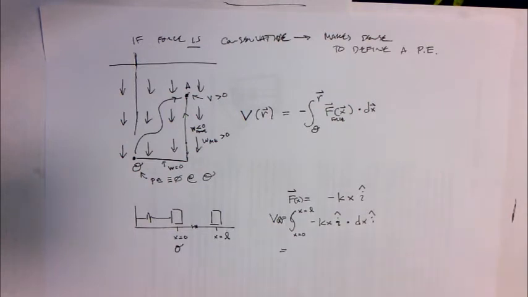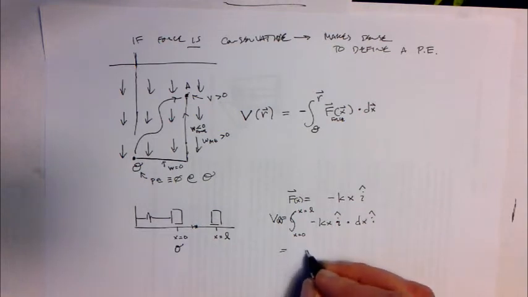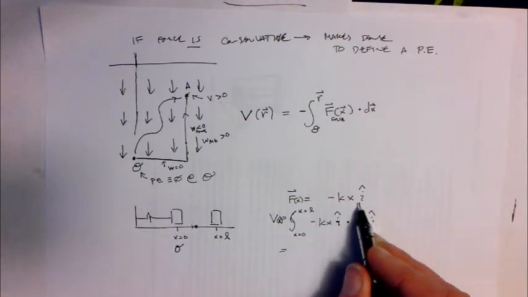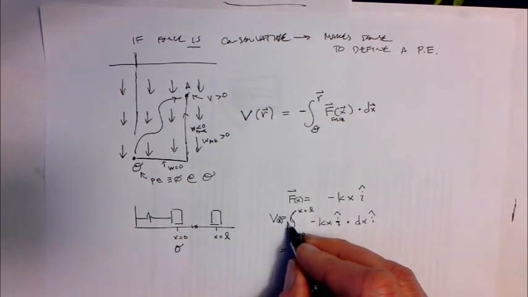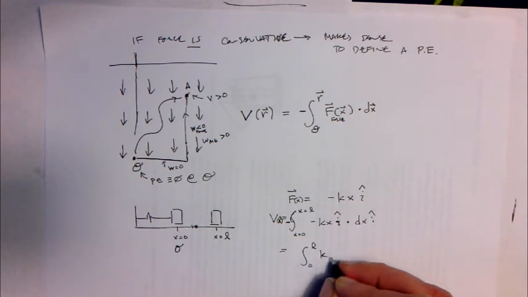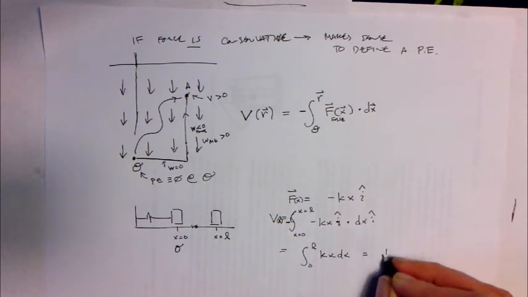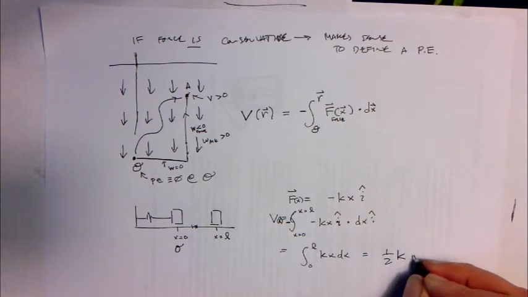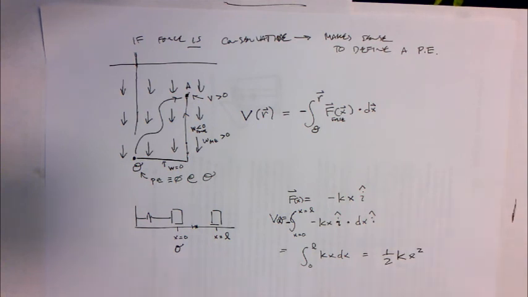And so, not surprisingly, the force is negative k times x. I need to pick up this extra negative sign out front. So I get the integral from 0 to L of kx dx, or the answer that you already knew before I started this, probably: the potential energy is 1/2 kx squared. So as I stretch this spring, the amount of energy that's stored in the spring goes up as the square.